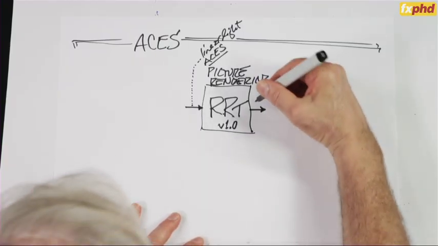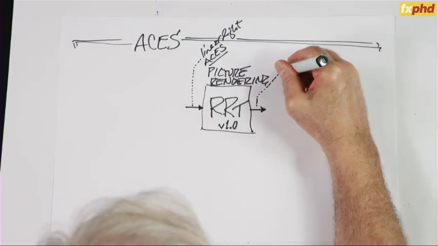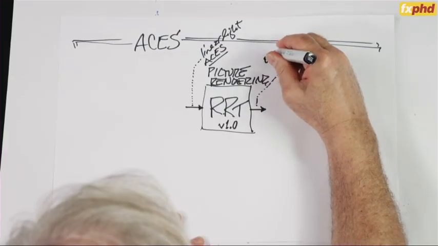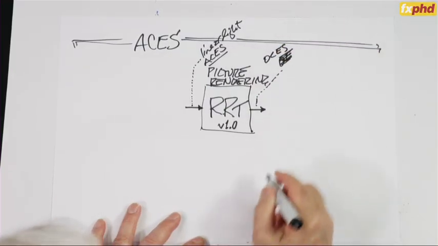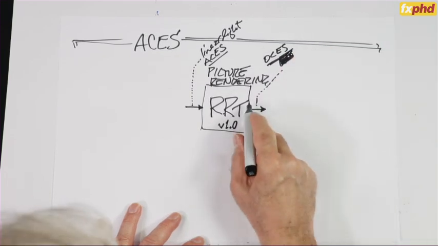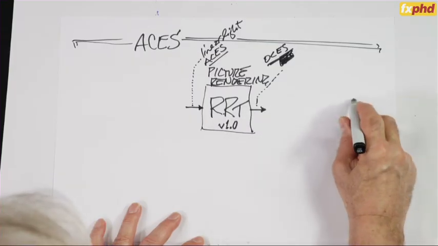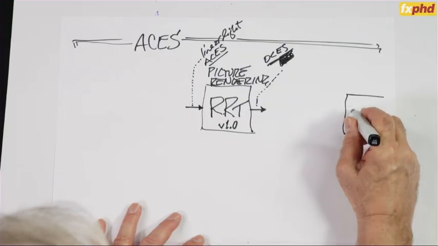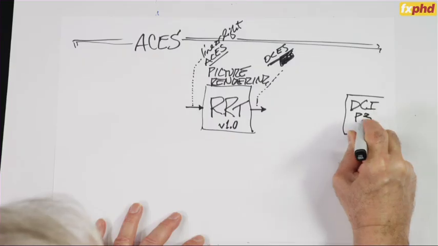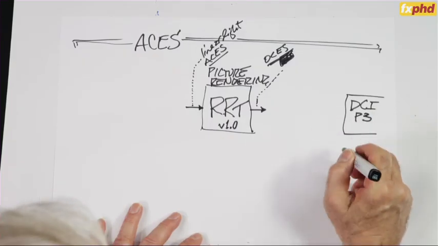Now, linear light comes out of the rendering transform, but this is the OCES, the output color encoding specification. It's also wide gamut, high dynamic range, and it needs to be adapted to different display devices. So let's take, for example, a DCI P3 digital cinema projector.